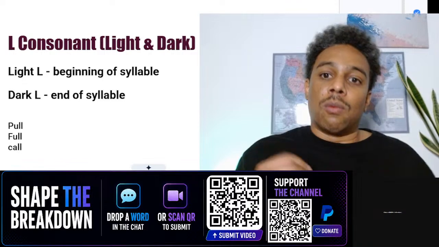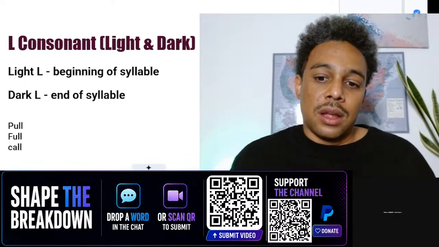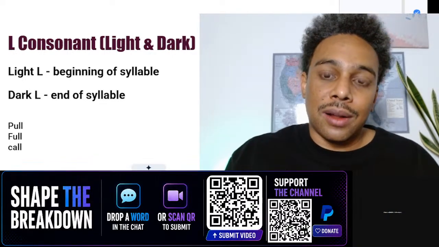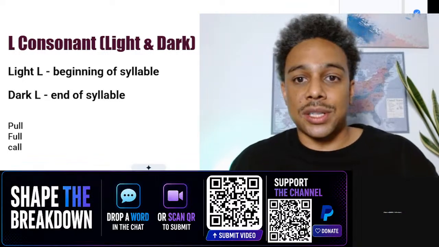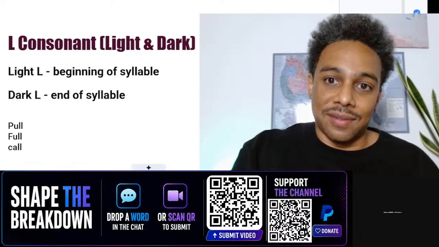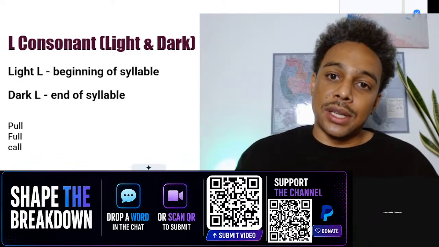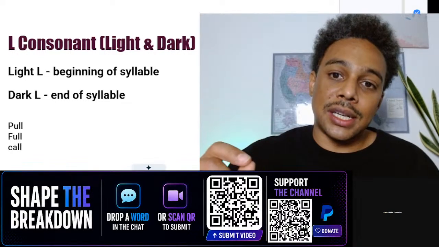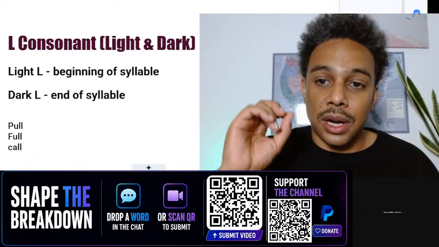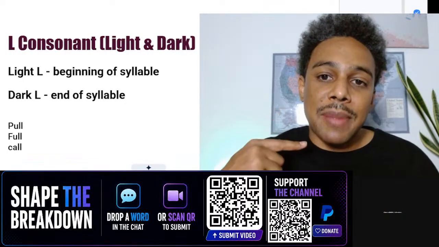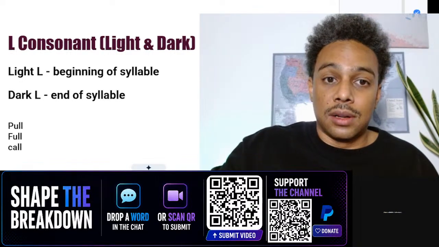So one of the ways that I explain this to students, if they need to pronounce it, and I don't want to yet take them into the dark L, like maybe we're working on syllabic consonants, for example, right? And that unstressed syllable that has an L at the end, the vowel sound disappears. The best way to approach it, if you don't want to risk obsessing or damaging the sound with too much attention to the tongue position, is just imagine that your voice is speaking past the final sound of the L, right?